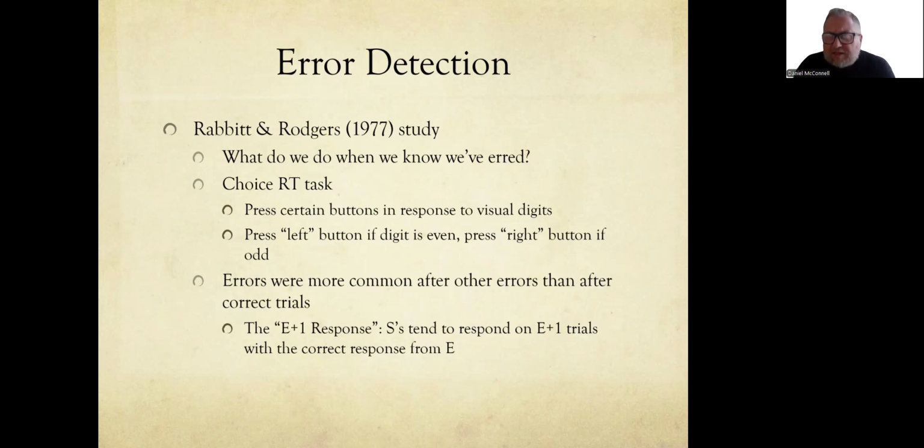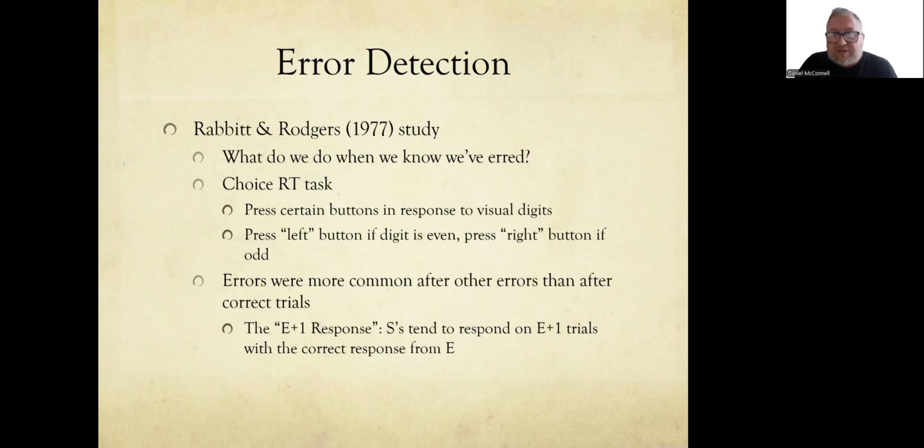And as it turns out, what Rabbit and Rogers discovered is that as soon as a person makes a mistake in this task, which occurs randomly, kind of spontaneously sometimes, right? They noticed that these errors would cluster together. So what would happen is that a person makes one mistake, and that means that on the very next trial, the E+1 trial, so there's trial E, which is the error trial, and the very next trial is E+1, there is a hugely increased risk of there being a mistake on the E+1 trial.